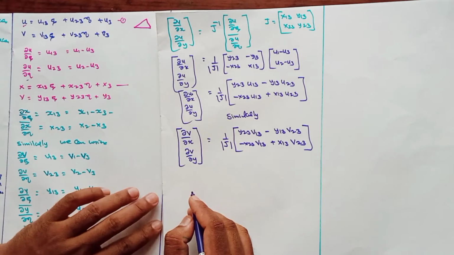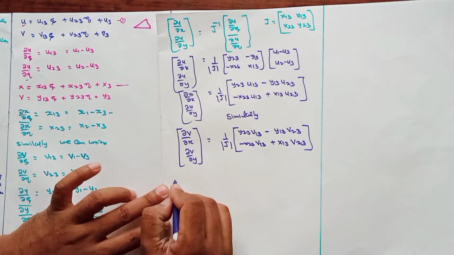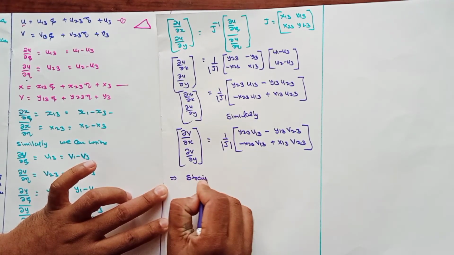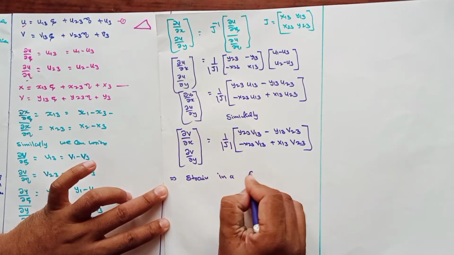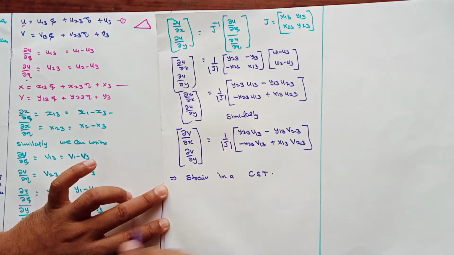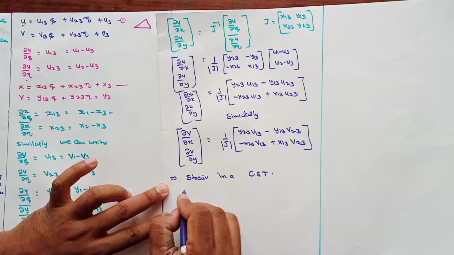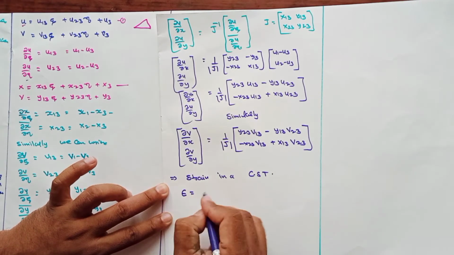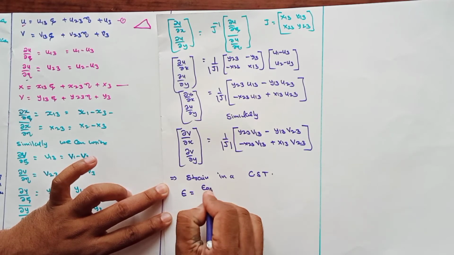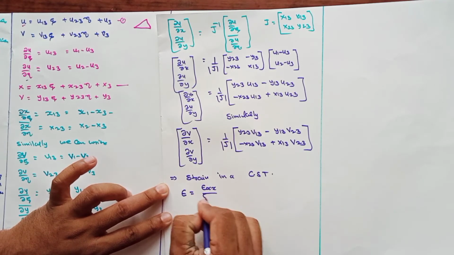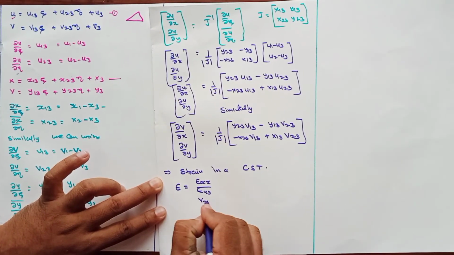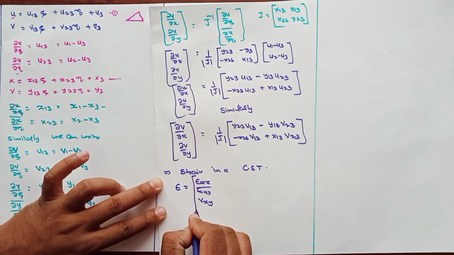So next one would be the strain in a constant strain triangle. The strain can be written as we have defined in the last class. The strain would be equal to epsilon xx, epsilon yy, and the last term is epsilon xy, because it is a two-dimensional member.